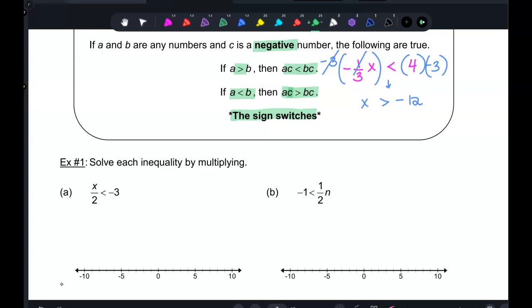If I say negative x is less than 3, what I'm saying is the opposite of x would be less than 3. So the opposite would mean instead of being less than, it becomes greater than -3. It flip-flops to the other side.